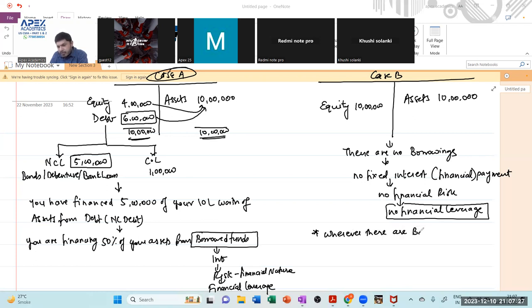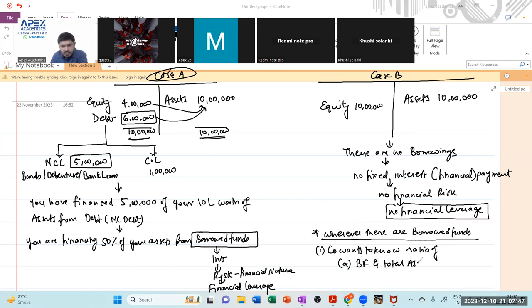Now, wherever there are borrowed funds, number one, the company wants to know the ratio of borrowed funds and total assets.